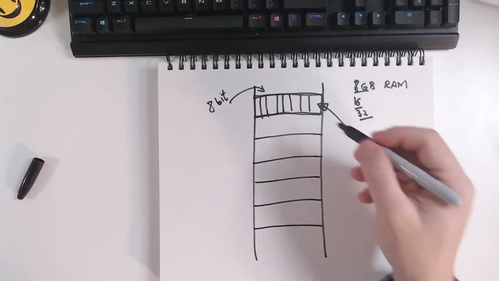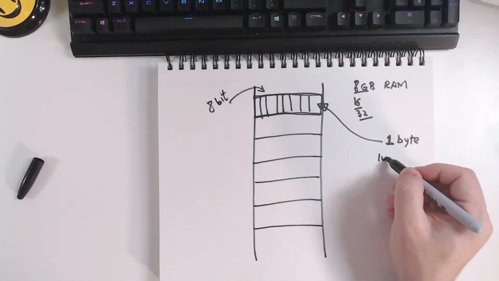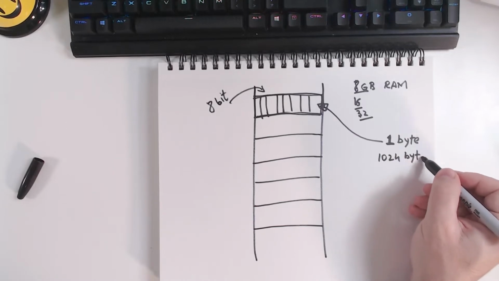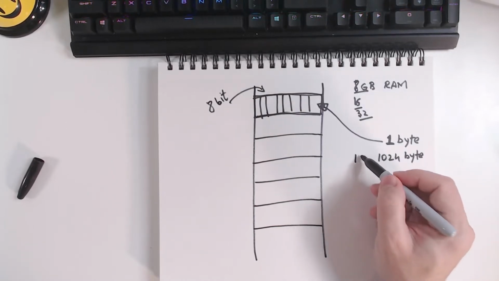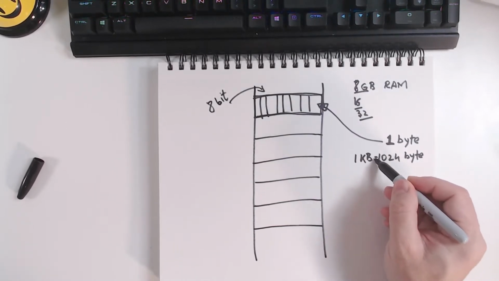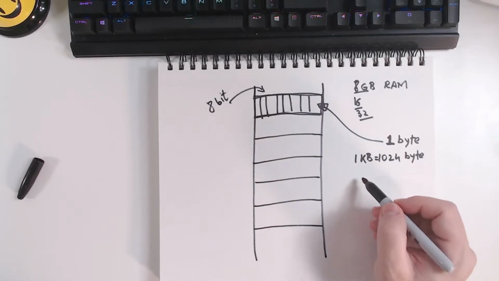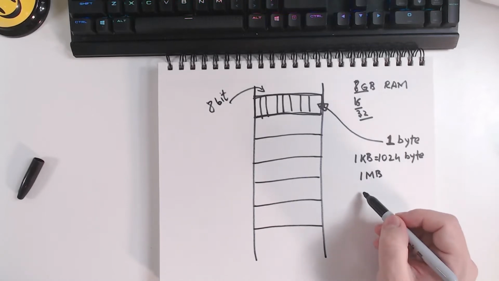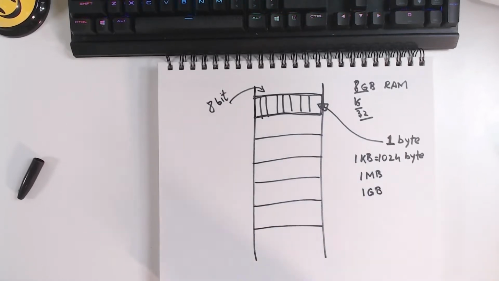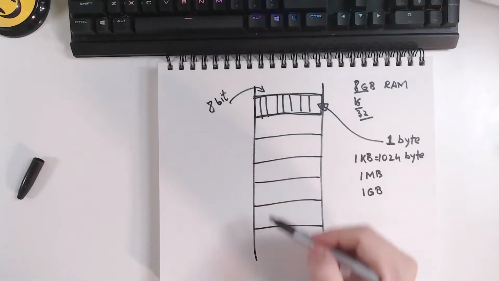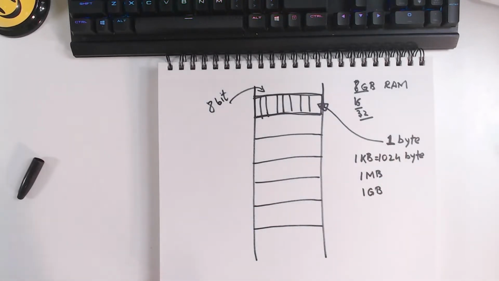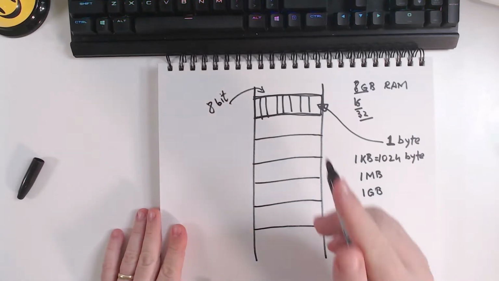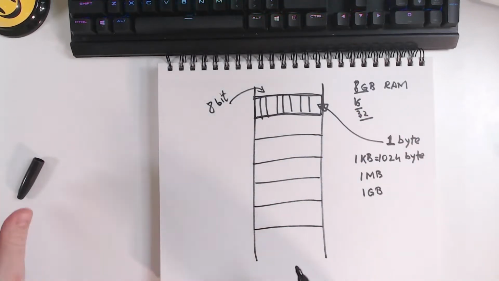When you group together 1024 bytes, you get 1 kilobyte. When you group together 1024 kilobytes, you get 1 megabyte. And when you group together 1024 megabytes, you get 1 gigabyte, and so on. So you can see there are billions of bytes in a gigabyte.